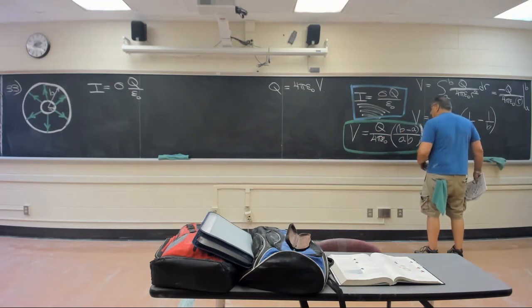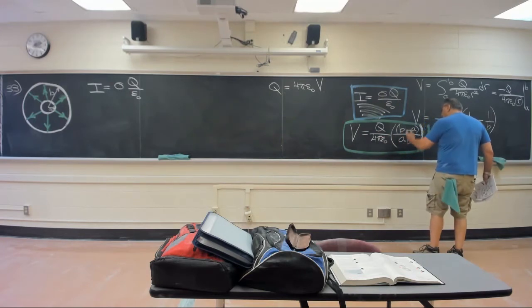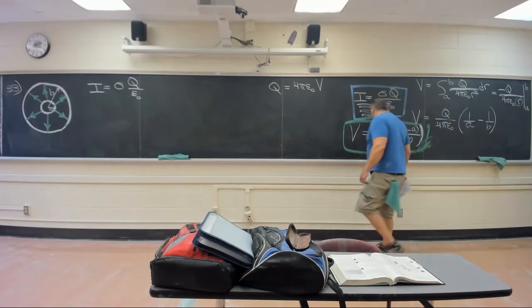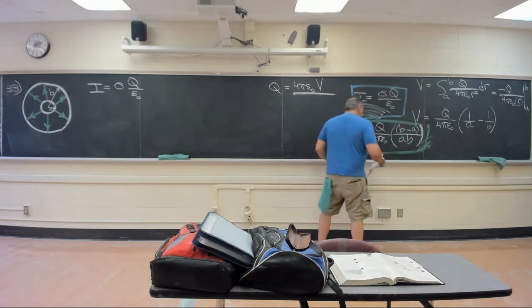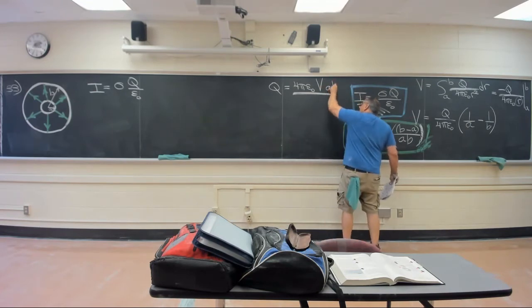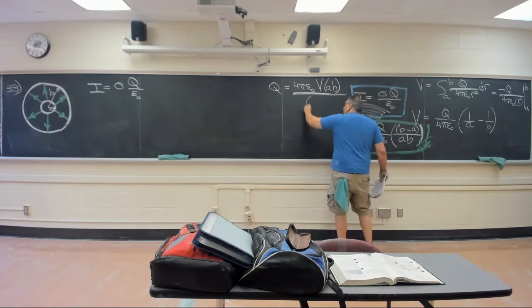Then multiply each side of this equation by the reciprocal of this fraction, and that'll get you Q all by itself. And what do you got? You got AB over B minus A.